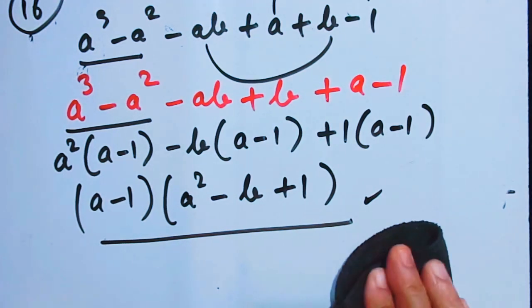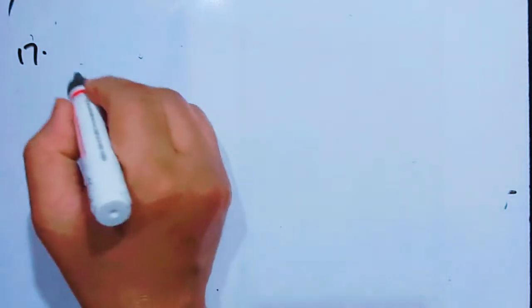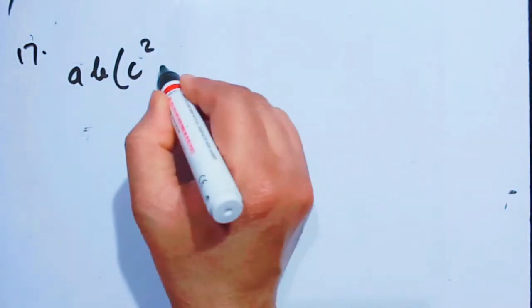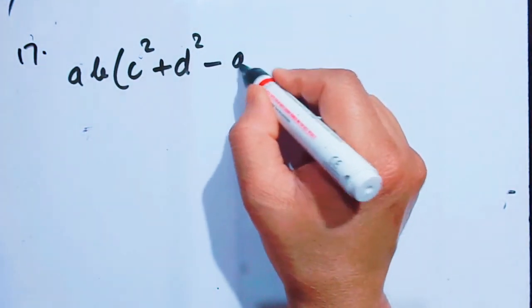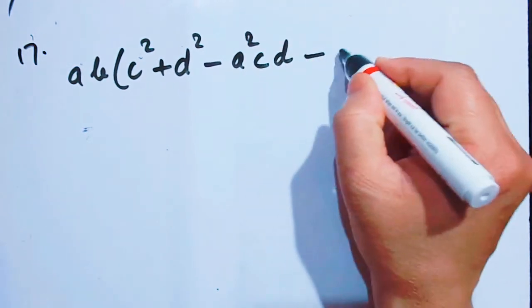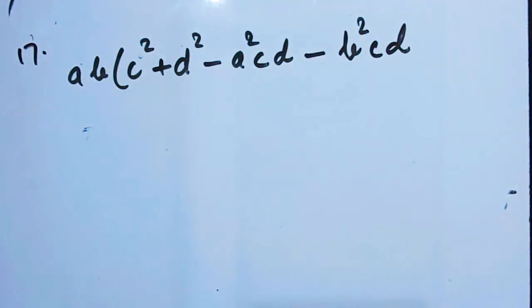Okay, come to number 17. Factorize: ABC square plus D square minus A square CD minus B square CD.